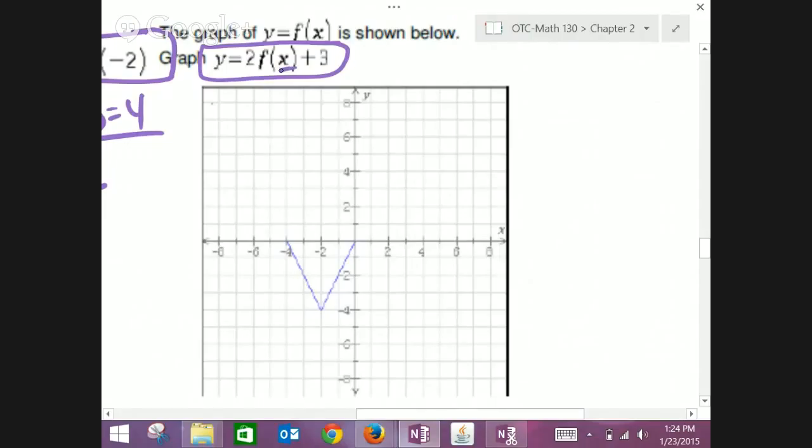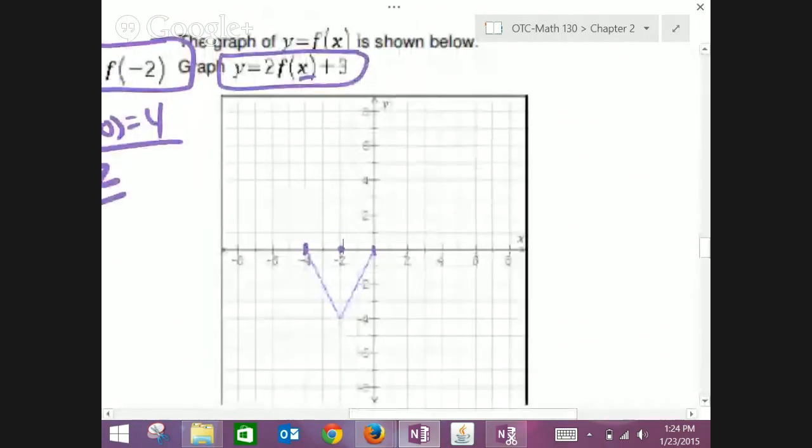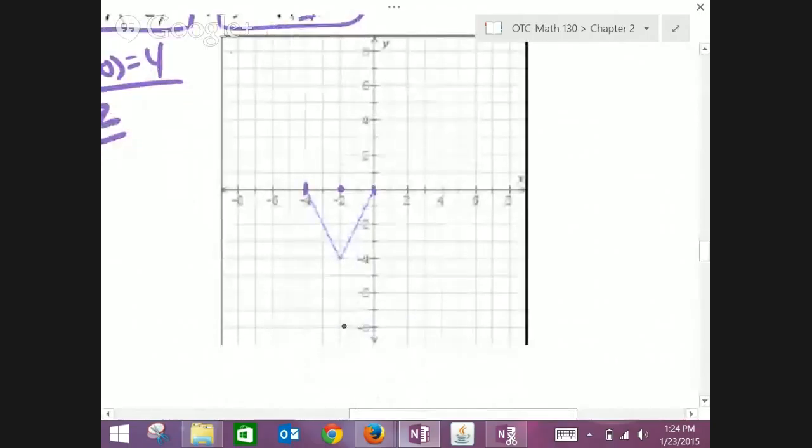So my x still goes from minus 4, but my y is affected by a factor of 2, right? So if I plug in minus 4 into my new transformed function, I get minus 8, right? So really, this purple graph would equal y equals 2f of x.